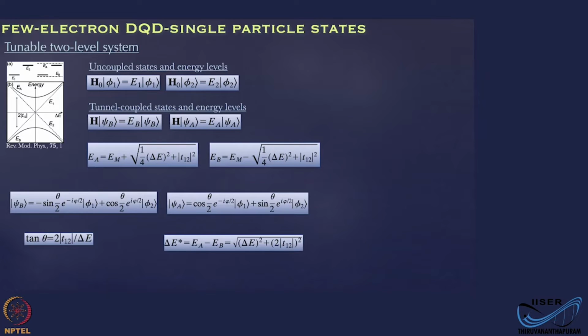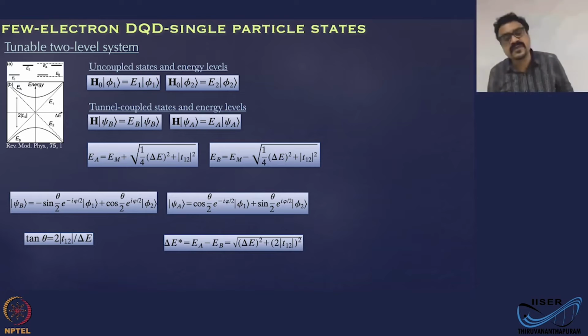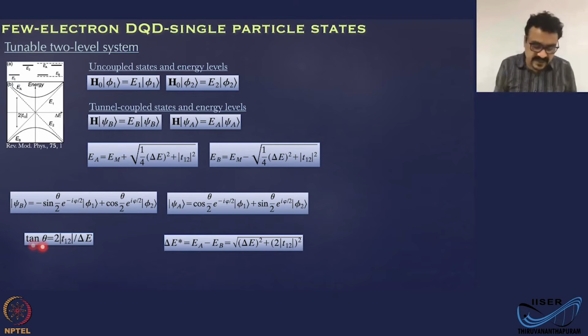I'm pretty sure you have worked through this in some of the lectures in chemistry or even quantum mechanics. Okay, and this psi B and psi A are the wave functions for bonding and anti-bonding. And the psi B and psi A are actually linear combinations of phi 1 and phi 2, okay, with some phase term. And theta is given by this relation.